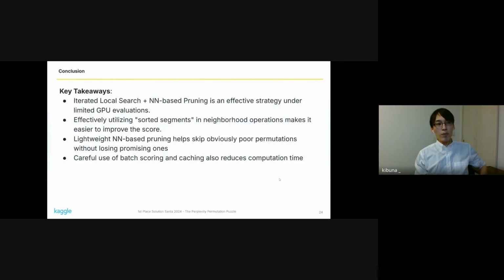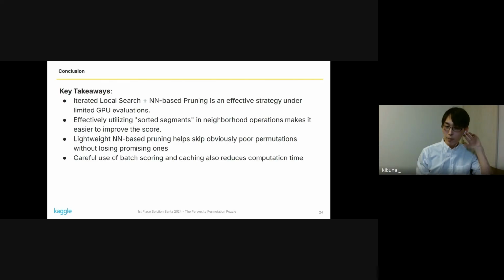Conclusion. To summarize, our iterated local search method enhanced by a lightweight neural network was highly effective under the computational constraints. By leveraging the observation of sorted segments in good solutions, and also DFS-based local search and key populations, these cover the wide search space enough.